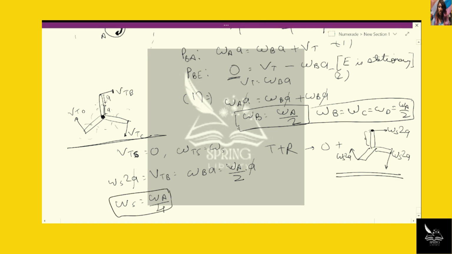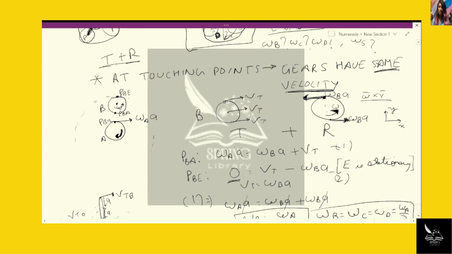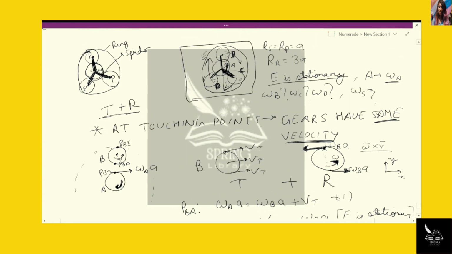So this is the velocity of the spider. So we have figured out the velocity of the spider and the velocity of each of the planetary gears in terms of the angular velocity of the sun. So this problem is solved just by assuming two things: break all the motion into translation plus rotation, and then at touching points, gears have the same velocity. Using these principles, you can solve any such problem. Thank you.